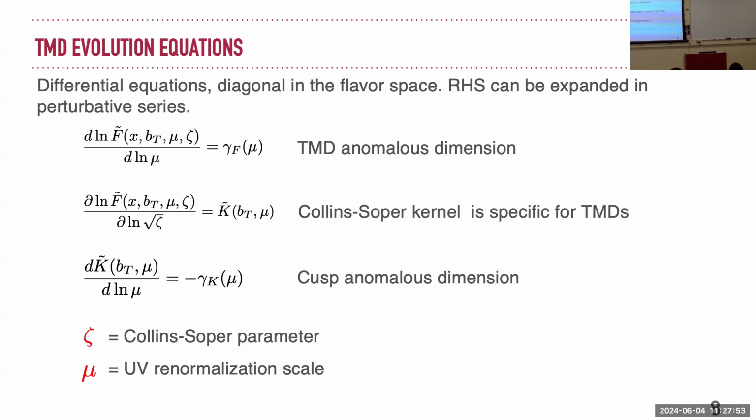So now, first of all, we start from potentially different initial points. Second, we have at least one of our functions, which is kappa here, which depends on b t, and then b t becomes large. If I'm like 10 Fermi from my nucleon, it cannot be perturbatively calculated. It has to be non-perturbative. And therefore, this evolution in this two-dimensional space, mu and zeta, becomes non-trivial.